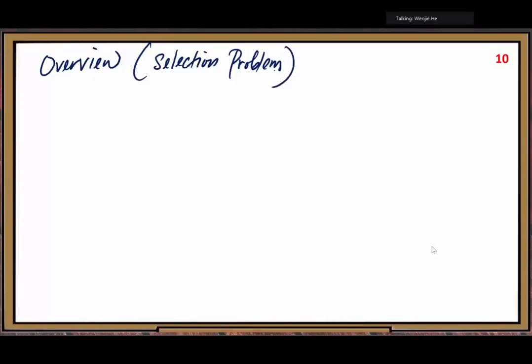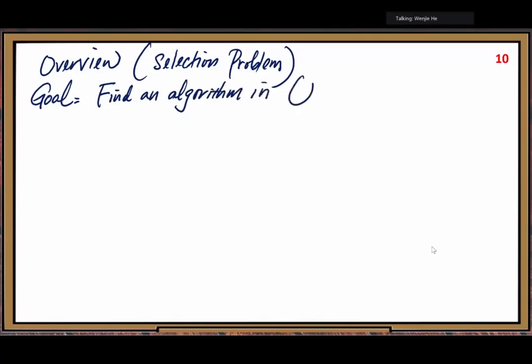So the goal of the method is to find an algorithm in big theta of n.